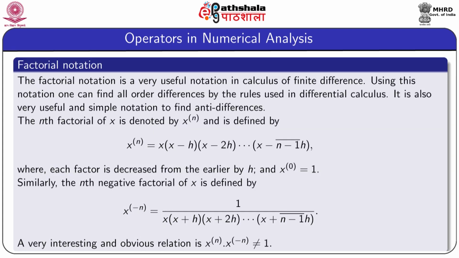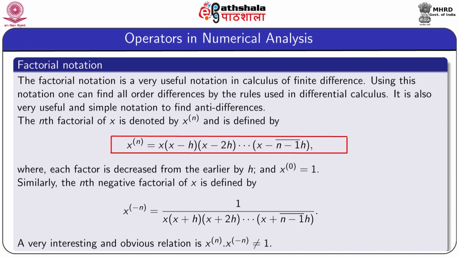Now, we come to the factorial power notation, that one we have mentioned just a few minutes back. The nth factorial power of x is denoted by x power bracket n and is defined by x power factorial n equal to x into x minus h into x minus 2h up to x minus n minus 1 h.